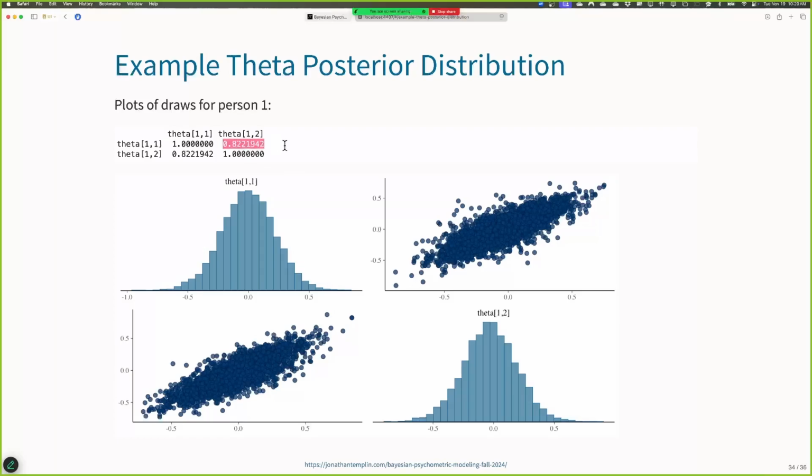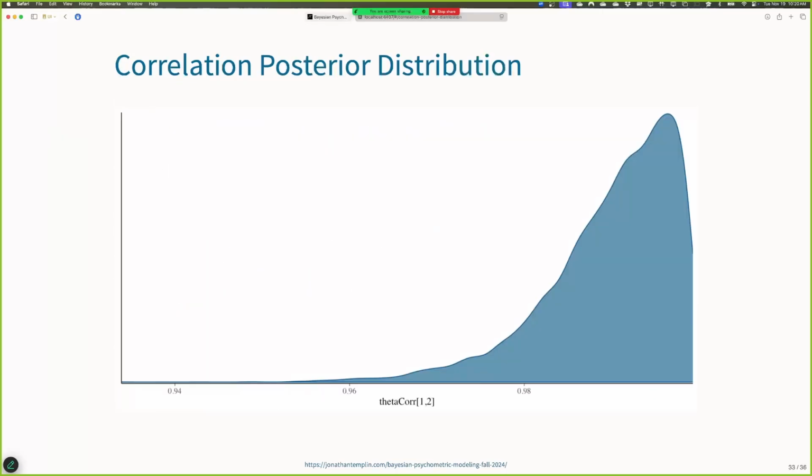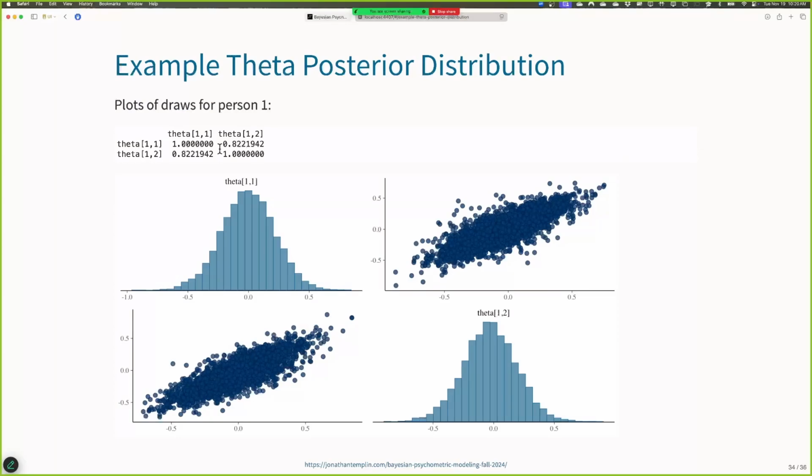And the one thing I wanted to note is just because our thetas are correlated at 0.99 overall, this person's posterior estimate of their theta correlation is actually 0.82. So it's not exactly the same as our overall model parameter, right?